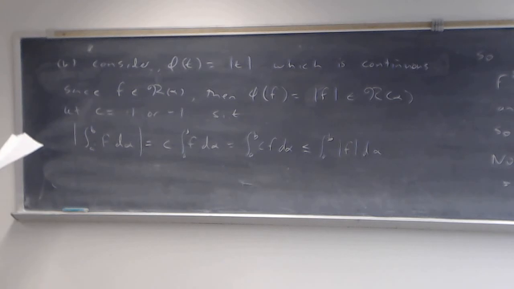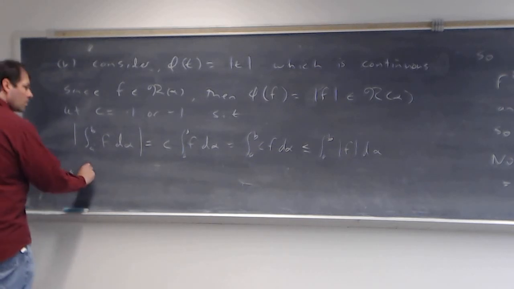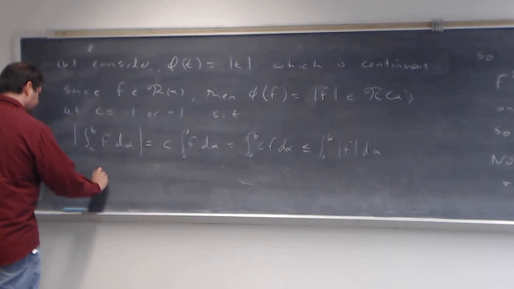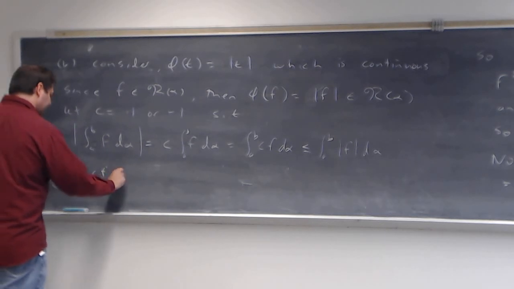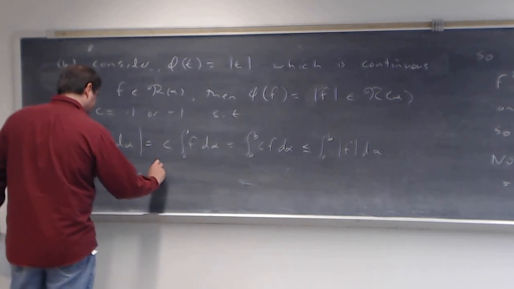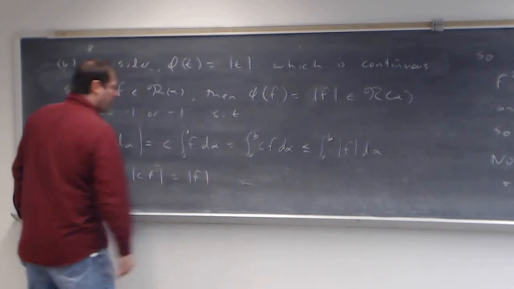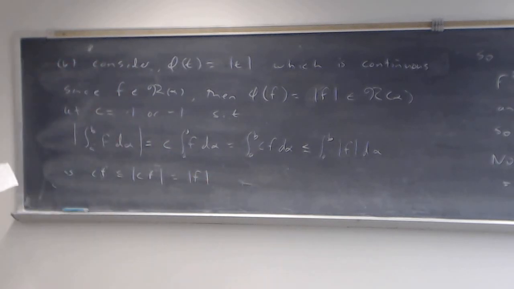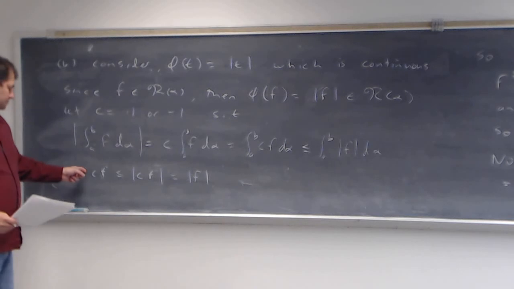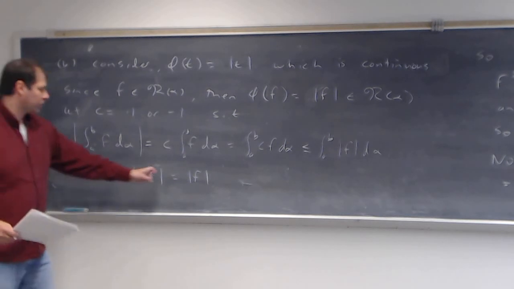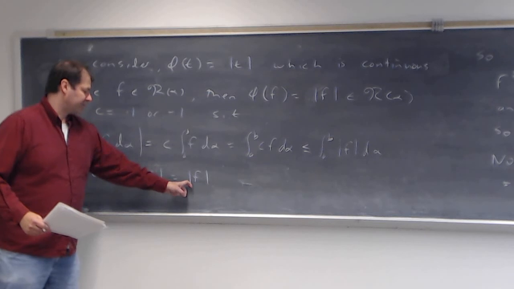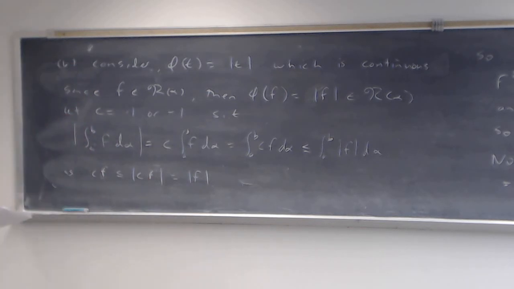And that's because c times f is definitely going to be less than or equal to the absolute value of c times f, which is just equal to the absolute value of f. And we've already had a statement about if you take the integral of something smaller and compare it to the integral of a bigger function, the integral of the bigger function is bigger than the integral of the smaller one.